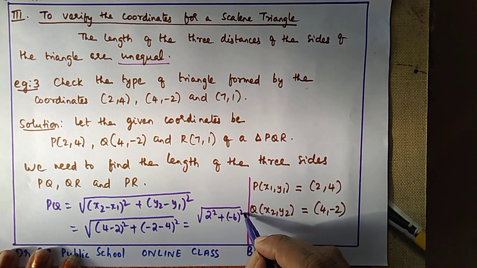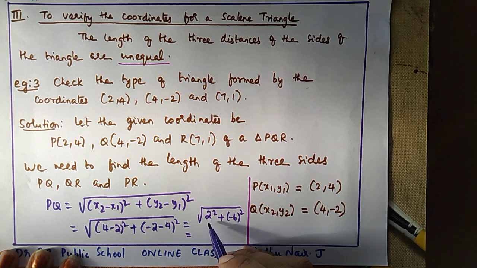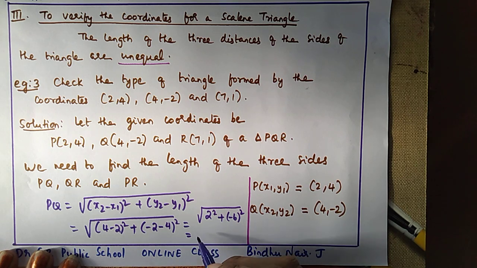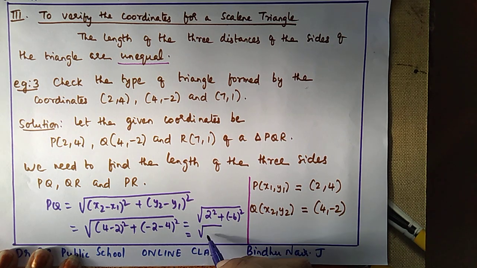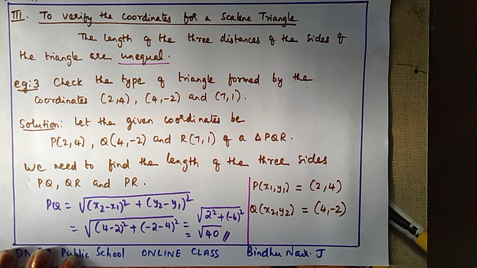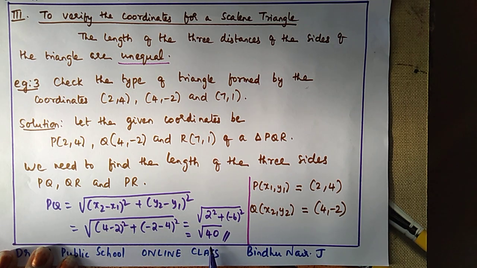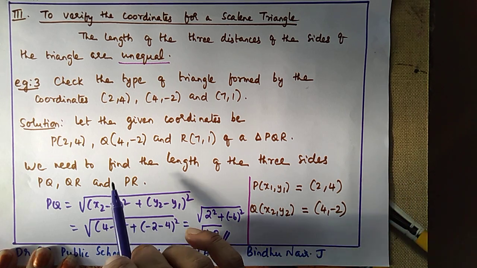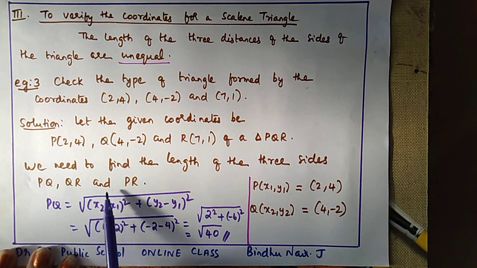Minus 6 the whole square. What is 2 square? 4. And what is 6 square? 36. So 4 plus 36. So you will get the final answer 40. So first distance came root of 40. Correct? Now we want to find the second distance QR, then PR.